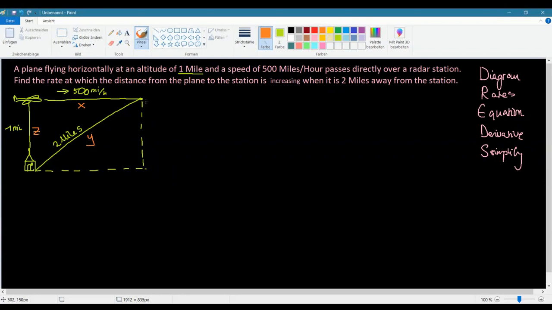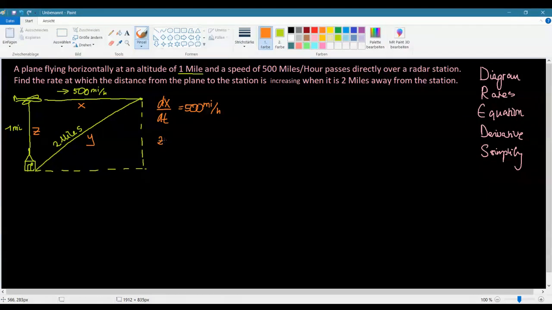Well, so we have the rate of change of X over the change in time, right? We know that dx by dt is 500 miles per hour. That's important. We also know what Z is.